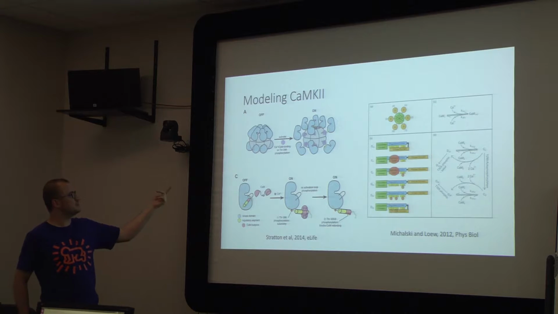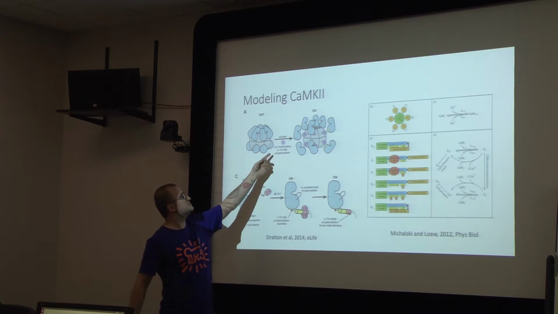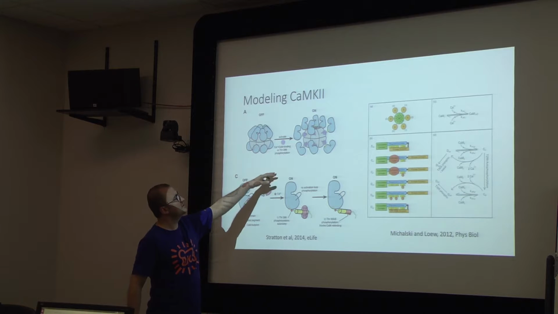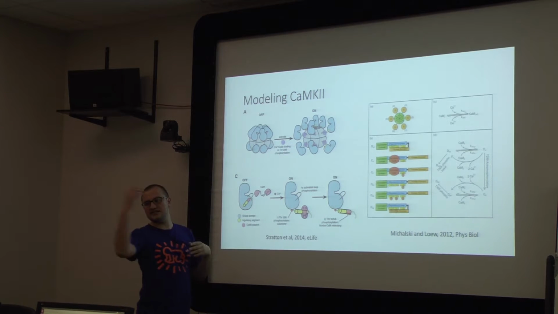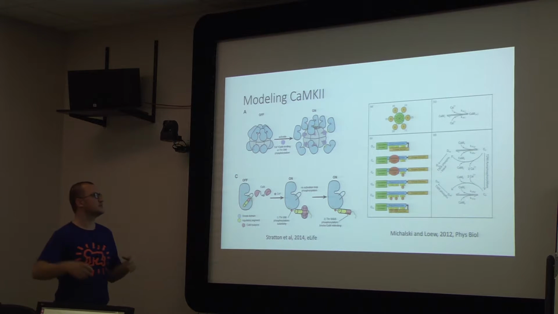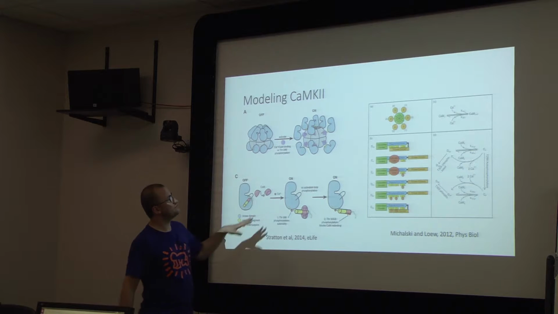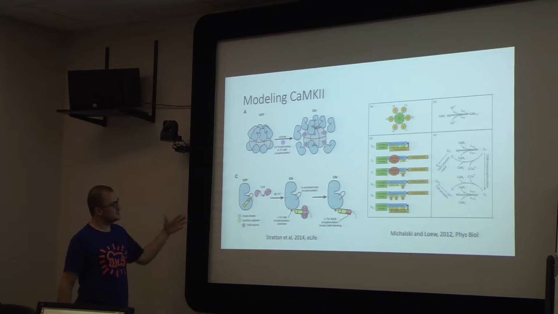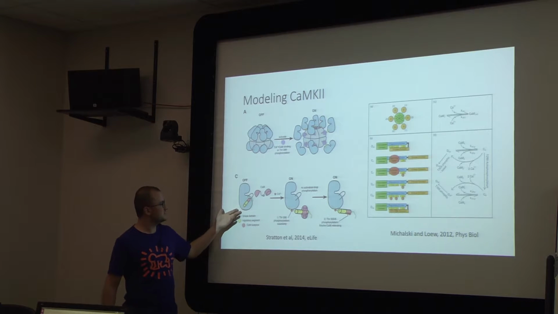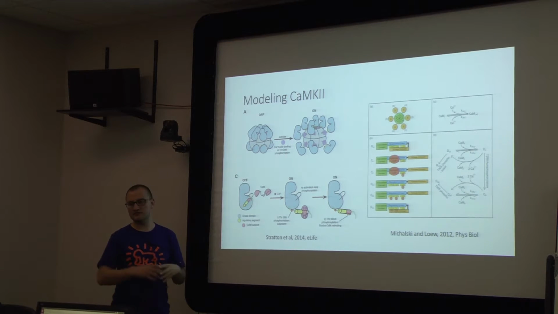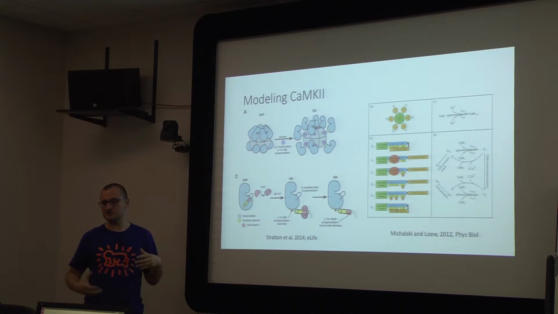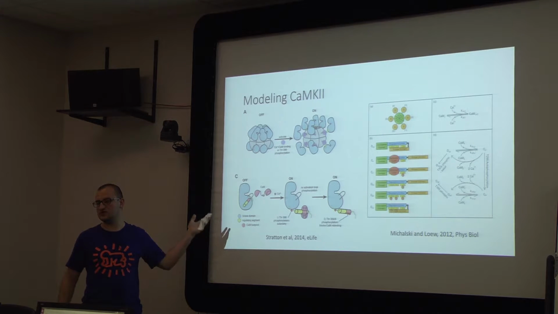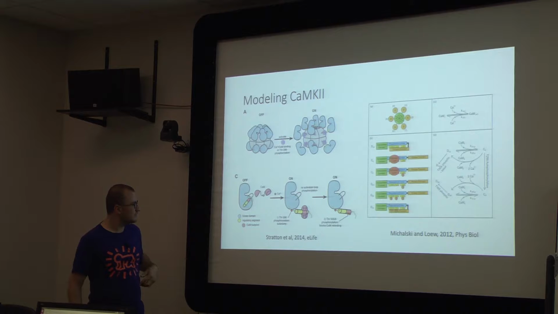And if there's calcium calmodulin binding to the CaMKII, it will get activated. The kinase domains will open from the regulatory domain. And this is the first active form with calmodulin. But eventually, after the phosphorylation, this calmodulin can unbind, but the CaMKII remains active because of this T286 phosphorylation.